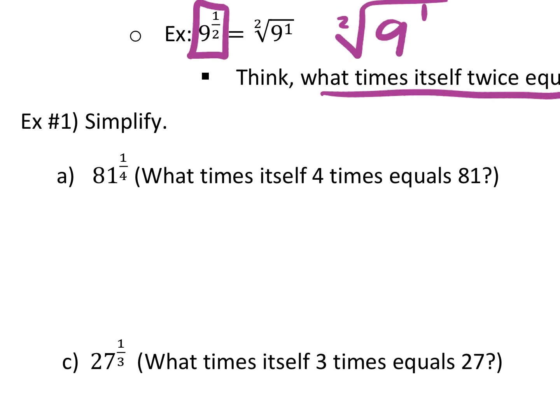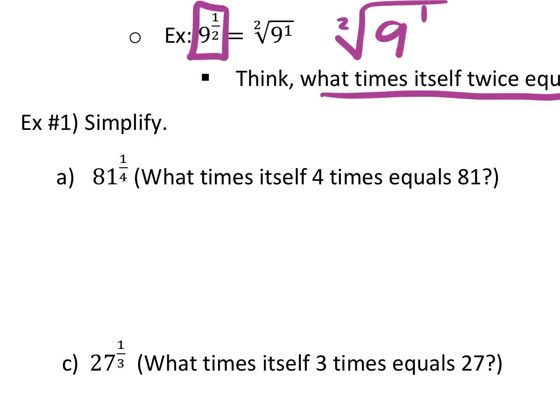All right, so here's what we're going to do with this. This is 81 to the 1/4 power. Could you rewrite that in radical form? What number would go there? Is that the 1 or the 4?